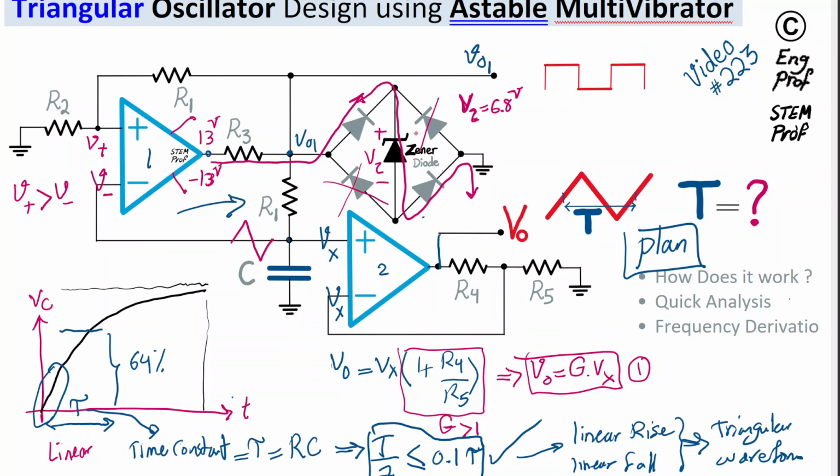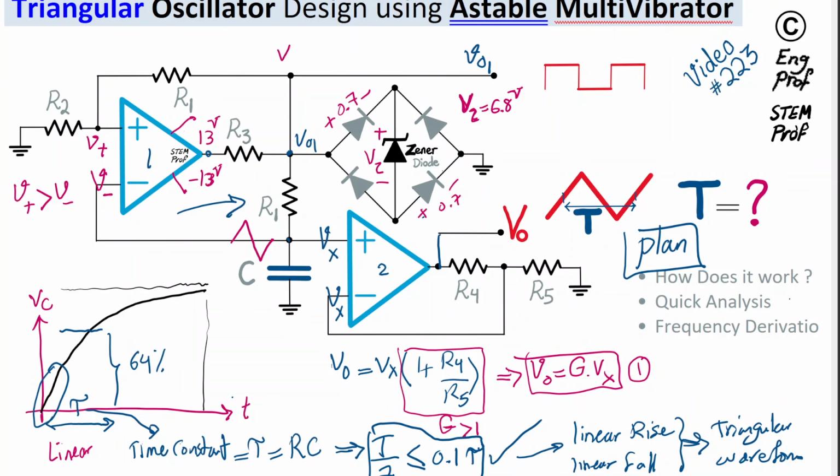These two diodes will turn off, so they are not important in the analysis right now. Now the total voltage drop in the passage is, for these standard silicon diodes, 0.7 volt, then 6.8 volt, and then another 0.7 volt here.